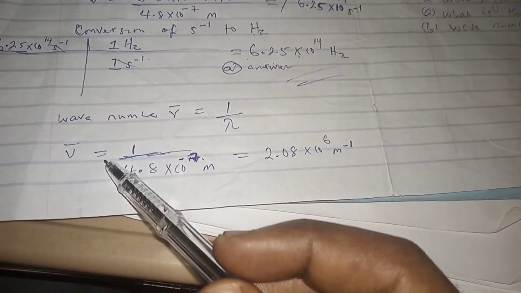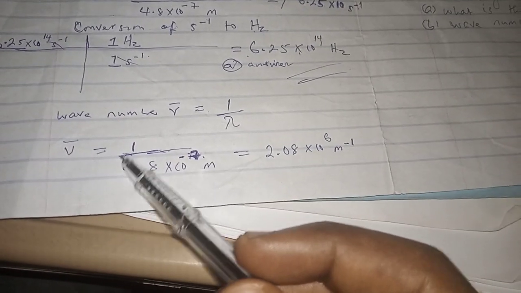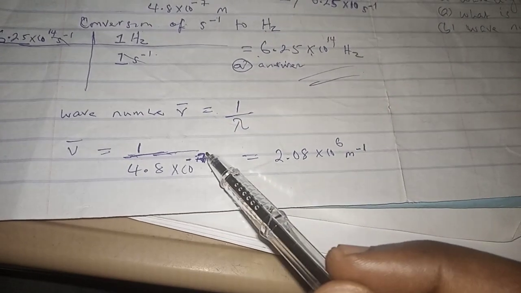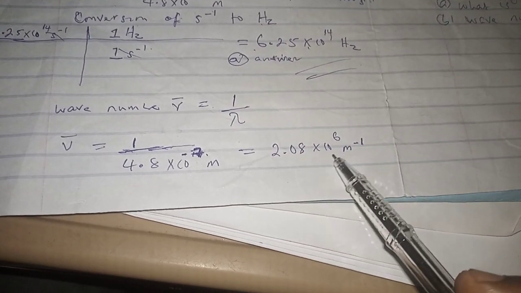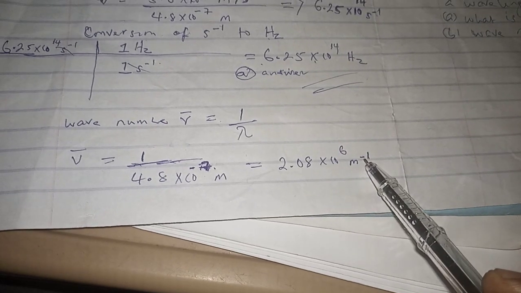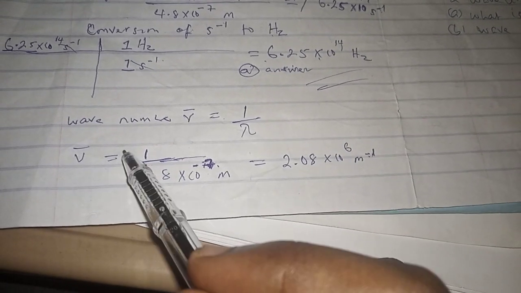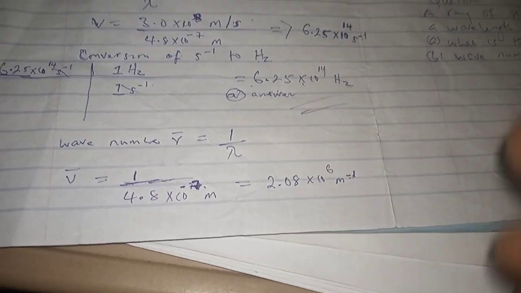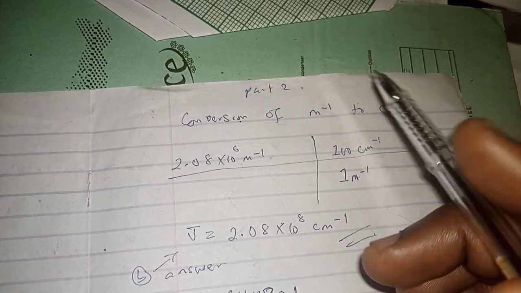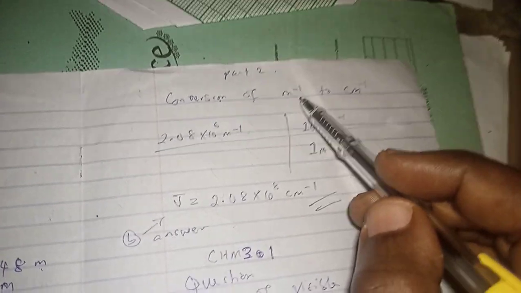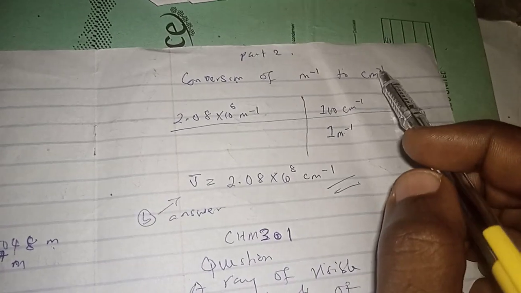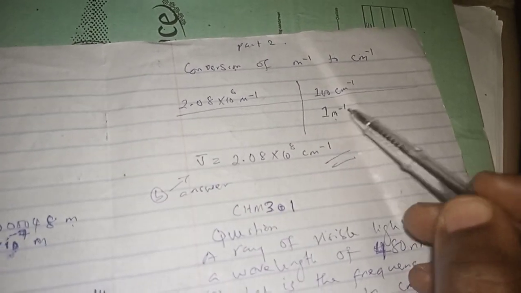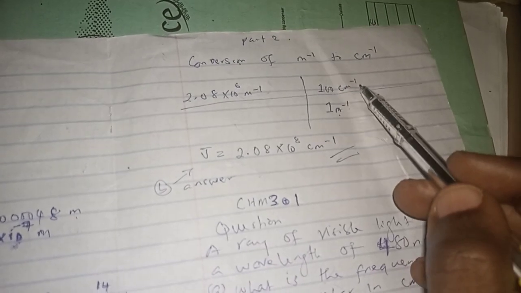Now our wave number is equal to 1 over 4.8 times 10 raised to the power of negative 7, and you're going to have 2.08 times 10 raised to the power of 6 meter inverse. So you can take back the conversion factor of meter inverse to centimeter inverse. 1 meter inverse is going to give you 100 centimeter inverse.